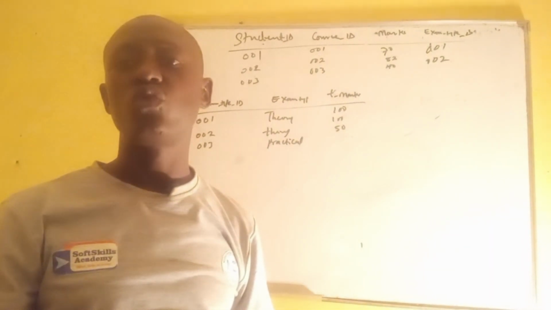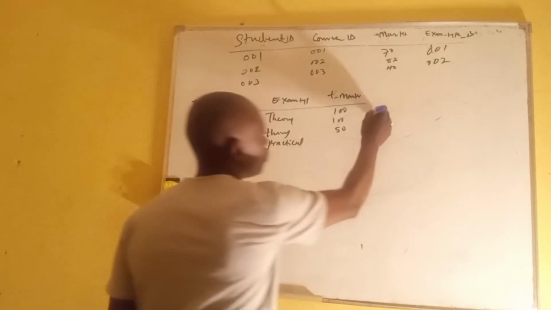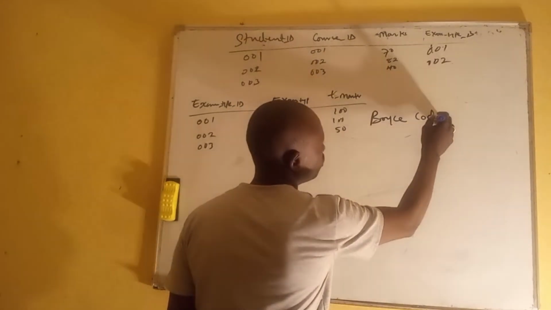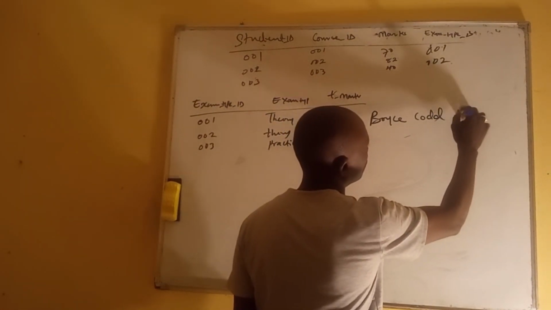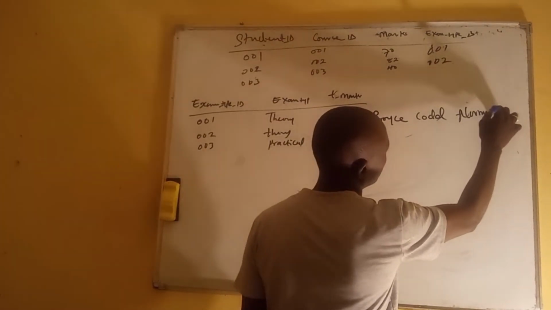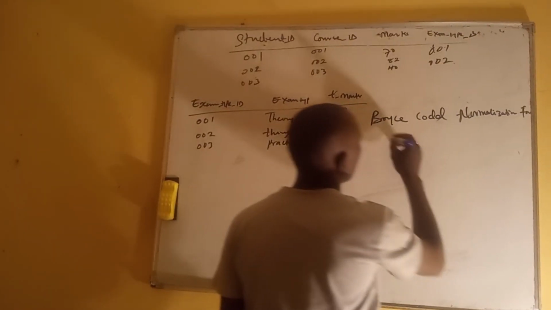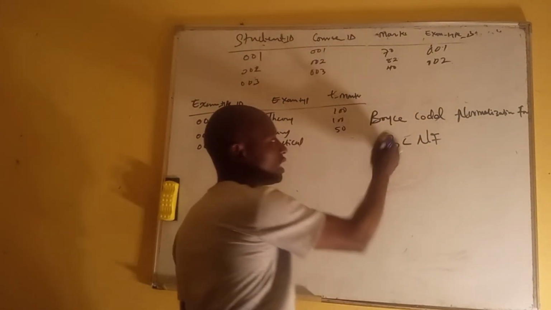And we have what we call Boyce-Codd normalization form, or BCNF. Are we together?